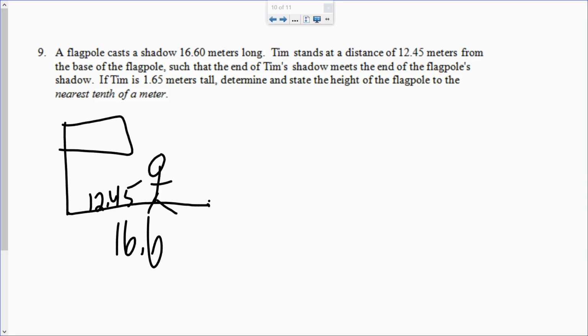So that means his shadow also ends here. So what we have is this. Tim is 1.65 meters tall. Determine and state the height of the flagpole.